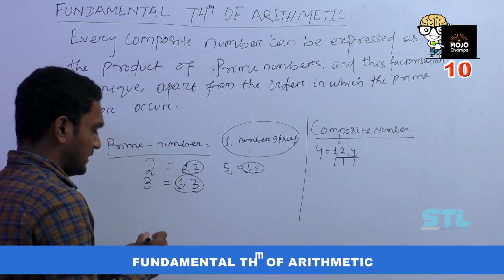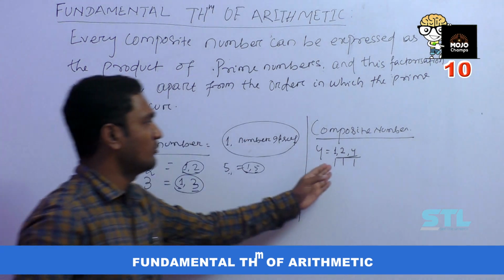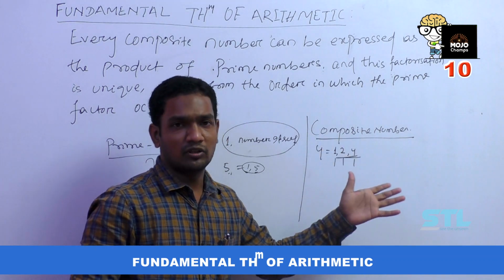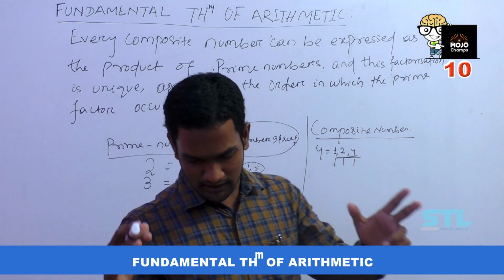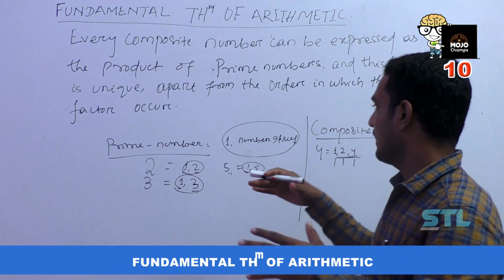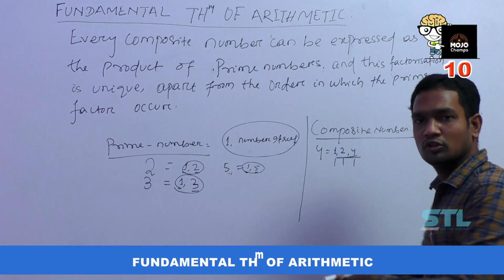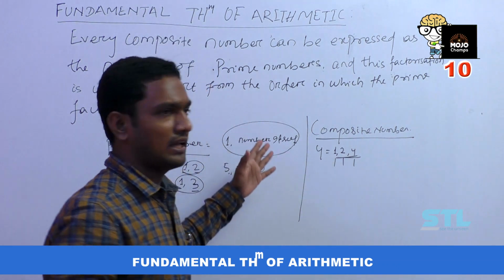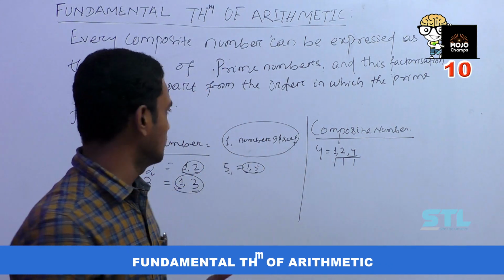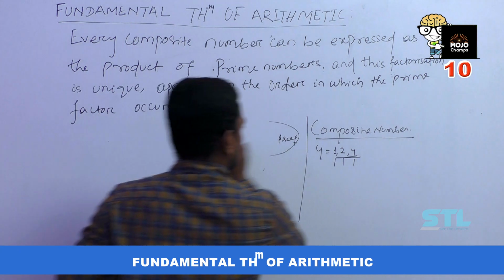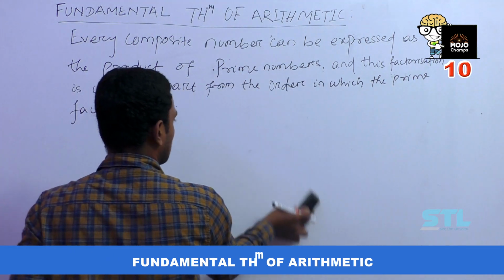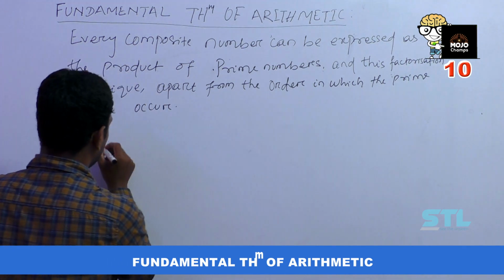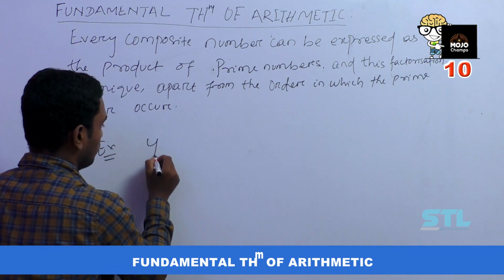Now the theorem says that this composite number can be expressed as the product of prime numbers. We will come to how we do the factorization so that the composite number is expressed as the product of prime numbers. From the beginning, the first composite number you see is 4.